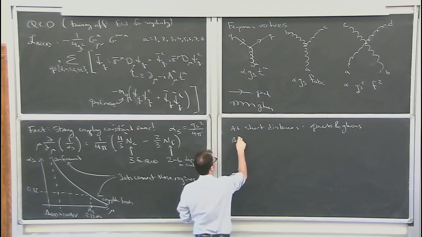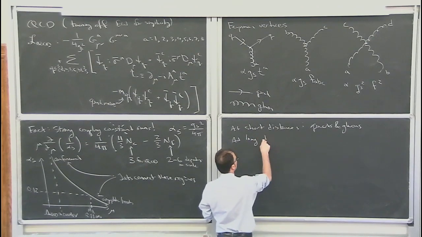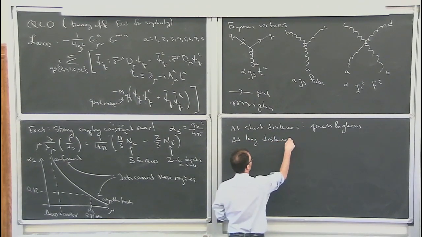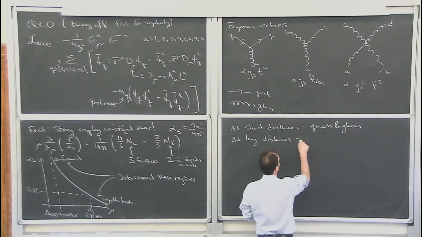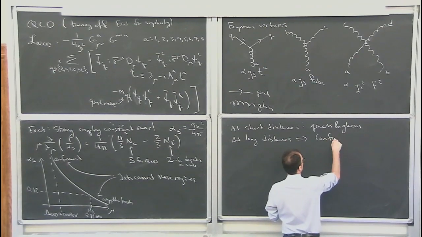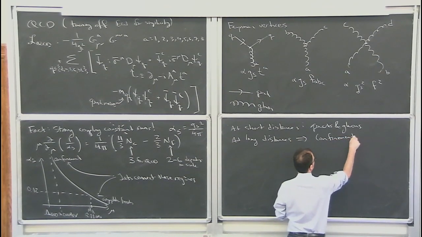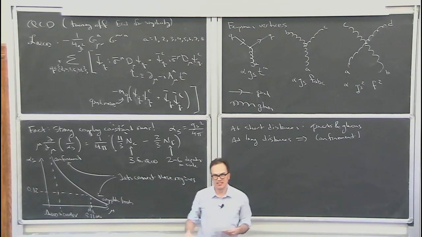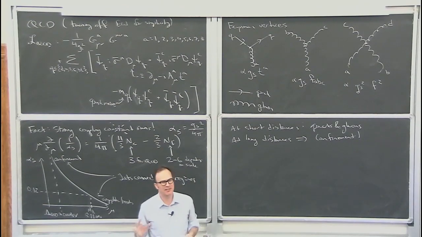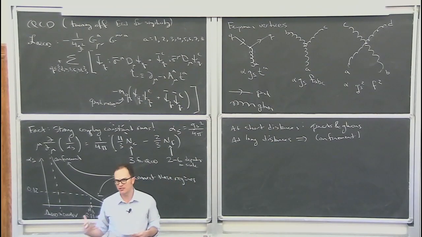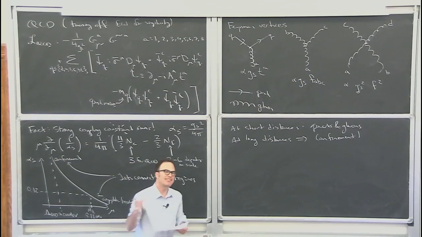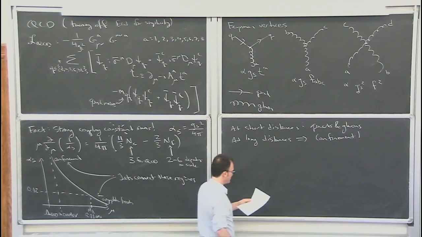And at long distances, we get confinement. And it turns out that the details of confinement actually don't matter that much for the structure of jets. But the constituents of the jets depend on the fact that there's confinement.